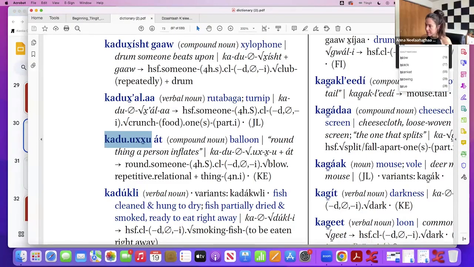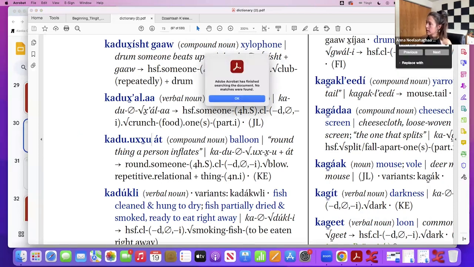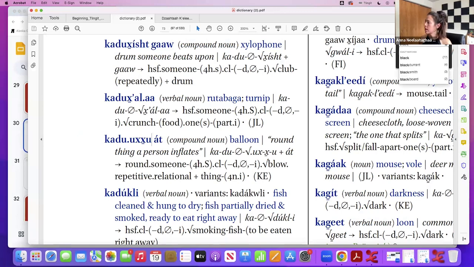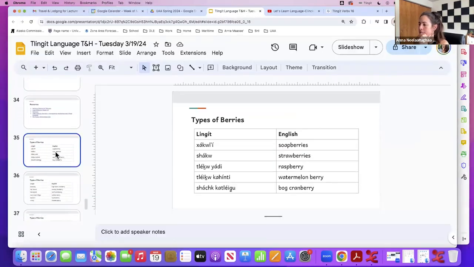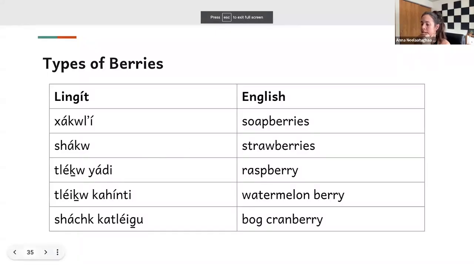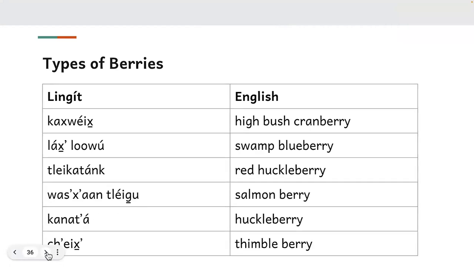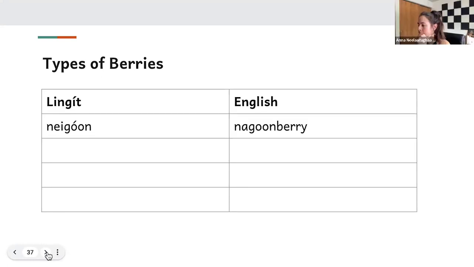See if we can find their name. Blackberry. Thought I knew. Let's see what we have. Watermelon berry. Huckleberry. I don't know their Tlingit name.